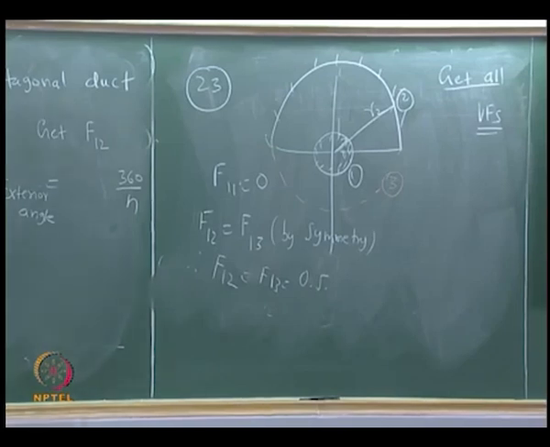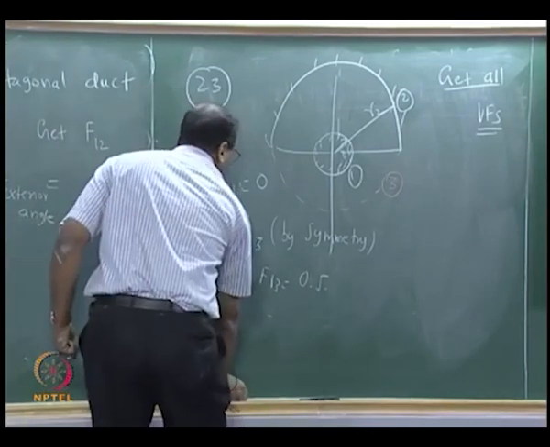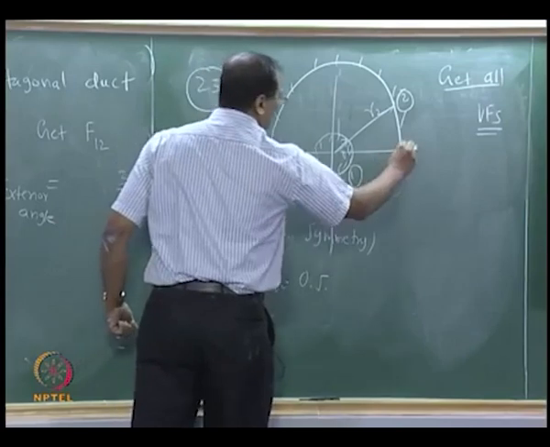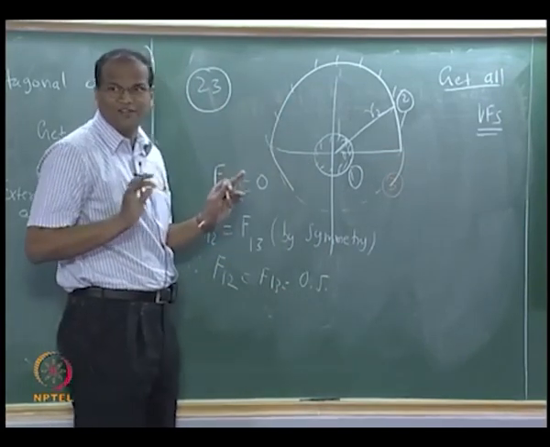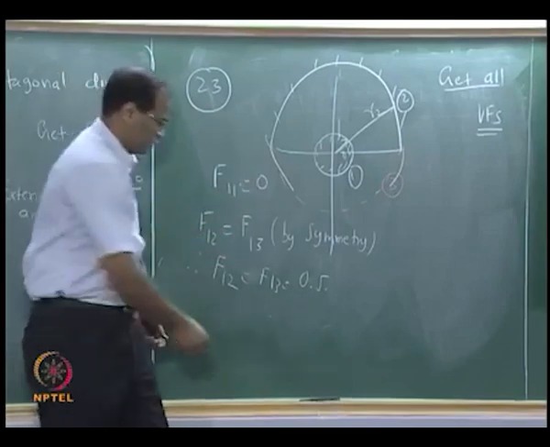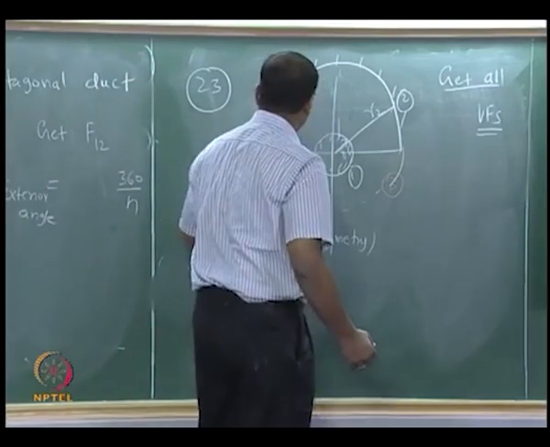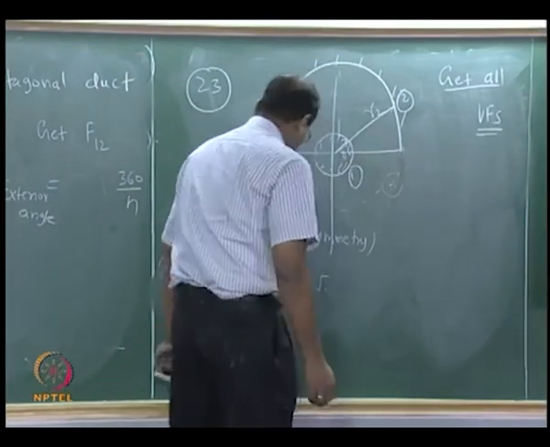Suppose I make this up to 3/4 and leave it, then the area ratio and other things will come. Now this is not like this. Okay.